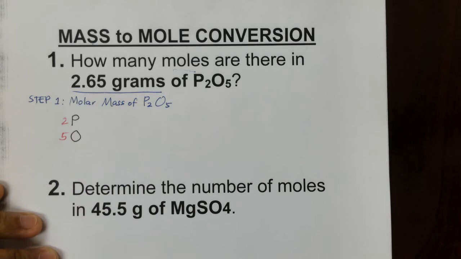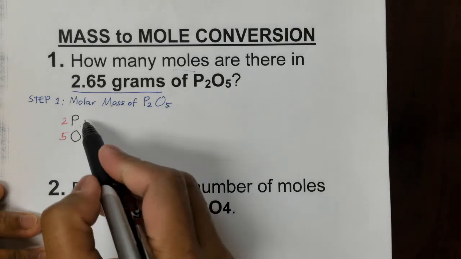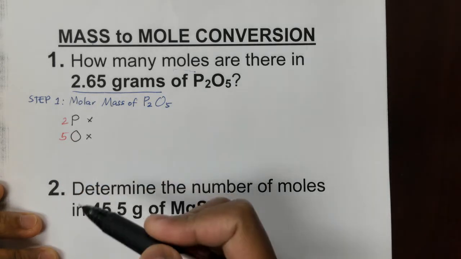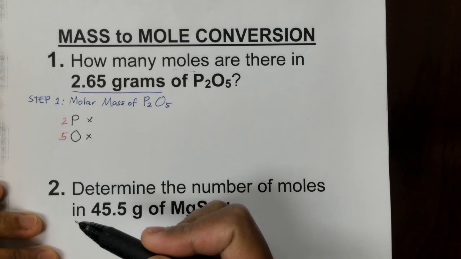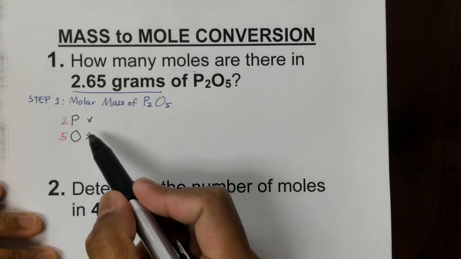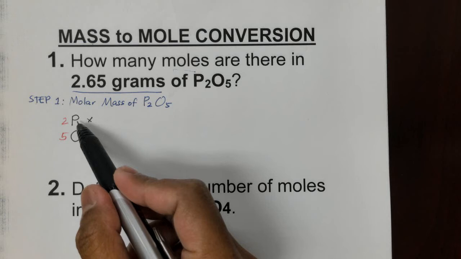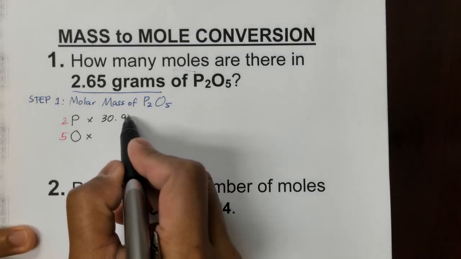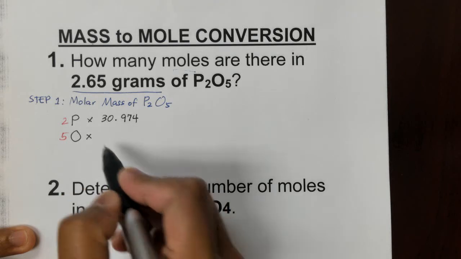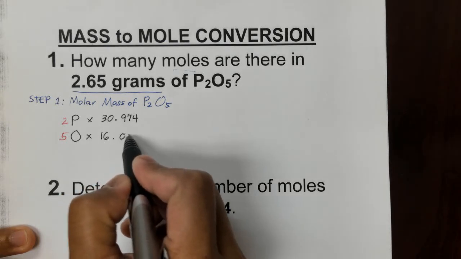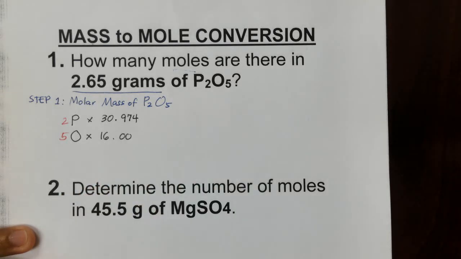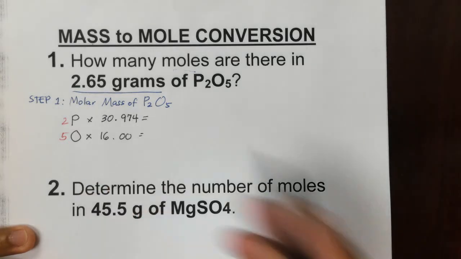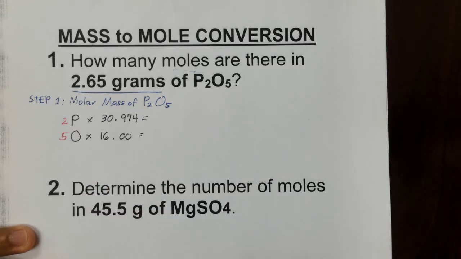And then after that, we are going to multiply this by the atomic masses again of each element that is found on the periodic table. So on the periodic table, P has an atomic mass of around 30.974, and oxygen will have it at 16.00. Okay? Now we are ready to calculate that in the calculator.